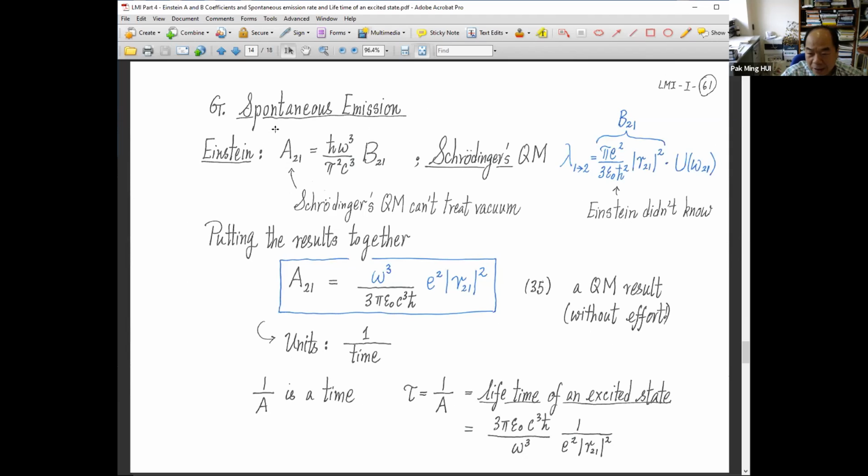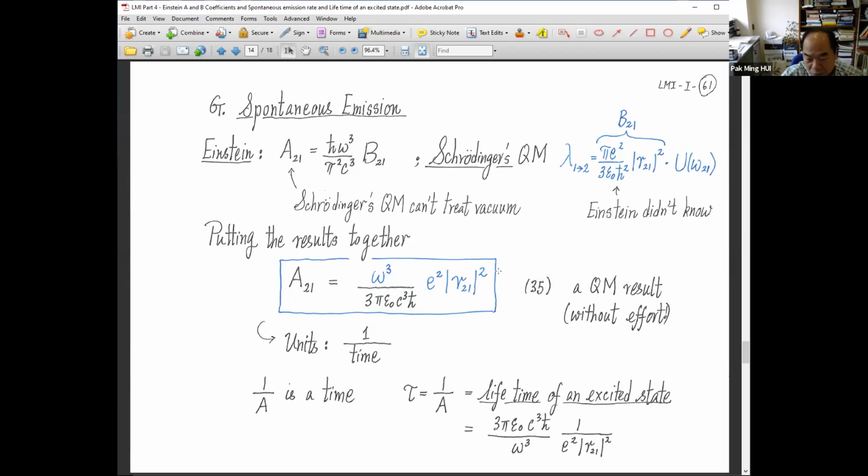From Einstein's discussion, A is a factor times B, and we know B. Therefore, we can write down an equation for the A coefficient. Remember, it is per atom per unit time about spontaneous emission.